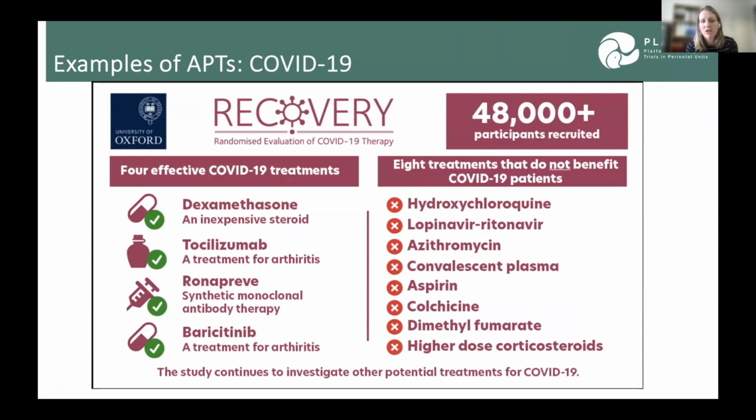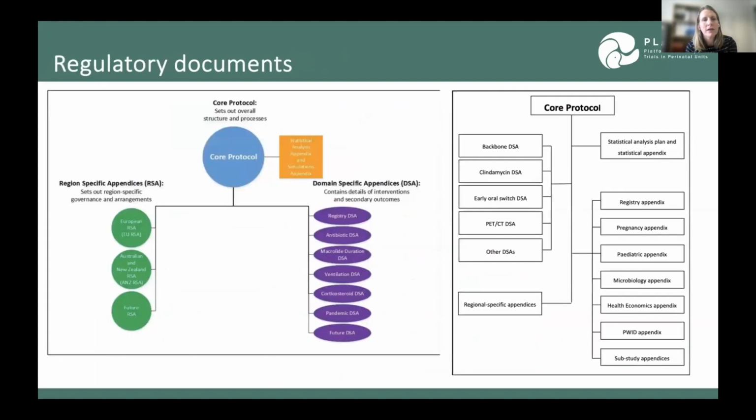It improves outcomes, but more importantly also showed what doesn't improve outcomes. So we weren't wasting our time, money, and potential side effects giving patients drugs such as hydroxychloroquine and many others. So a highly effective way of getting research answers very quickly if you design it well and you have that platform there to do it.